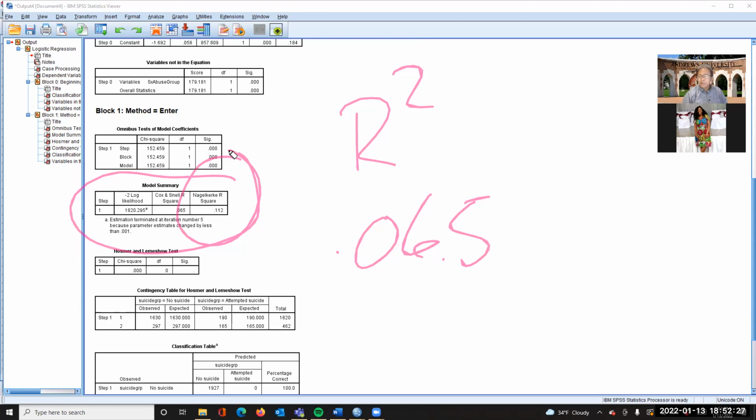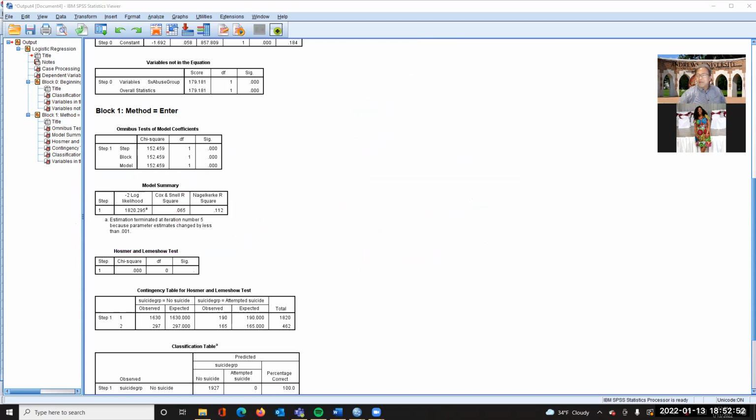Like the multiple regression analysis that we learned in the past, we look at R-square as one way to judge how good your model is. The other way to determine how good the model is, is to look at the statistical significance of the model. This is really the goodness of fit statistics.